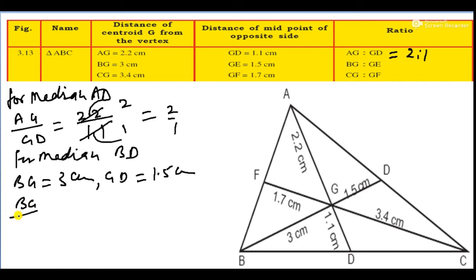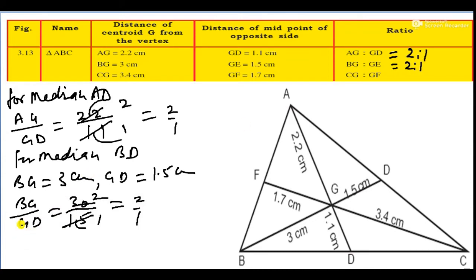So for median BD, BG upon GD is equal to 3 upon 1.5. Remove the decimal and put a 0 on the upper part: 15 ones are 15 and 15 twos are 30. So it is 2 by 1. That means its ratio is 2 is to 1.